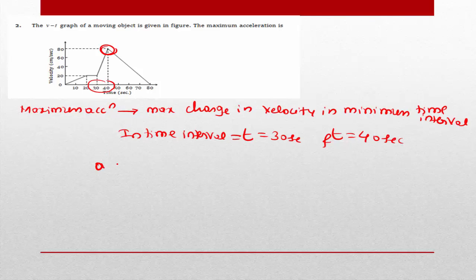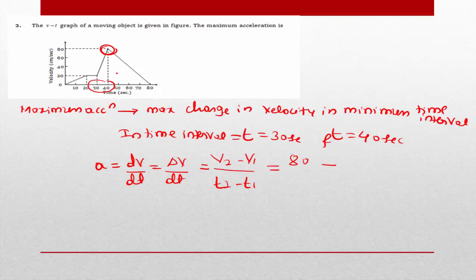Therefore acceleration A is equal to the change in velocity with respect to time, dv divided by dt, or delta v divided by delta t, or v2 minus v1 divided by t2 minus t1. v2 is 80, the final velocity, minus the initial velocity, that is 20. 80 minus 20 is 60, divided by 40 minus 30, that is 10.